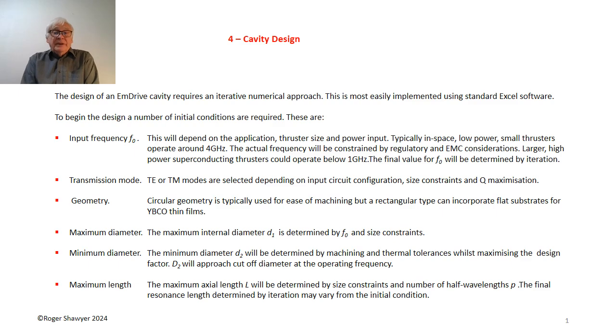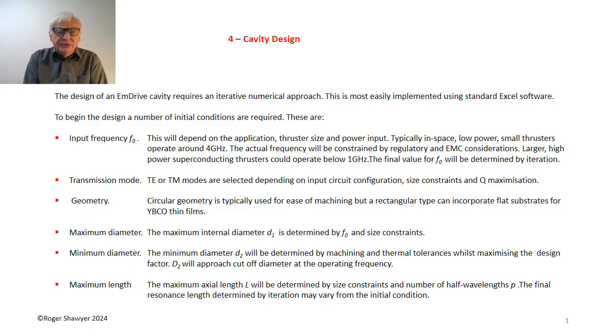The maximum diameter, this is the internal diameter D2, is essentially determined by the frequency and the size constraints within the satellite or the vehicle that are applied. The minimum diameter, D2, essentially will be determined by the machining tolerances and the thermal range over which you're going to operate the thruster itself.